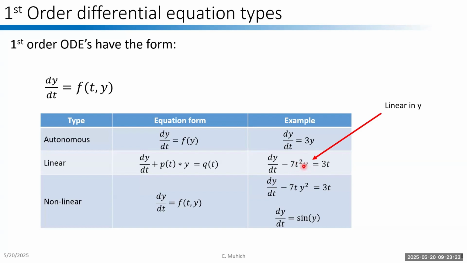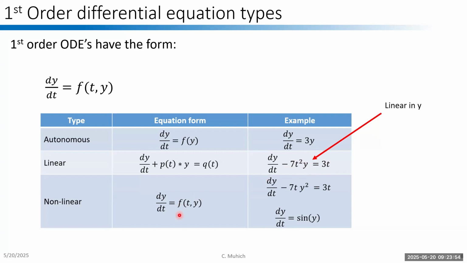So even though t is squared, y is linear, and it's multiplied by t. That's what's different between the autonomous and the linear systems: we have these t cross y sets, functions of both y and t.